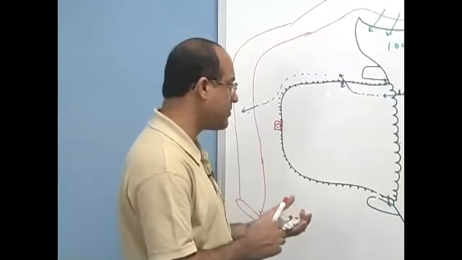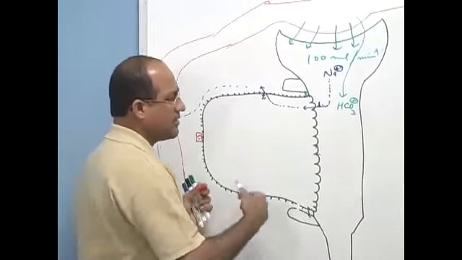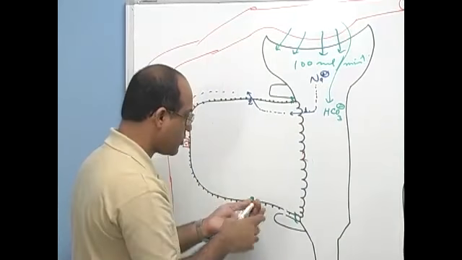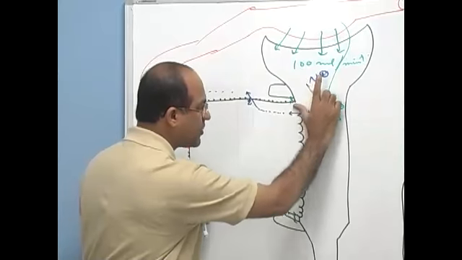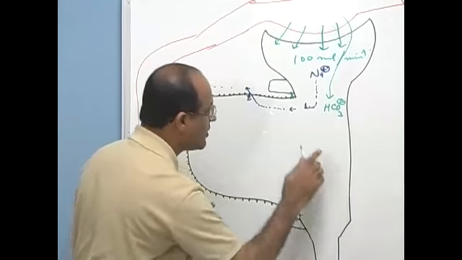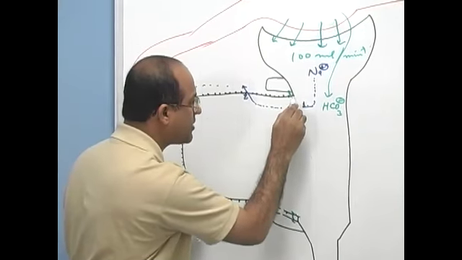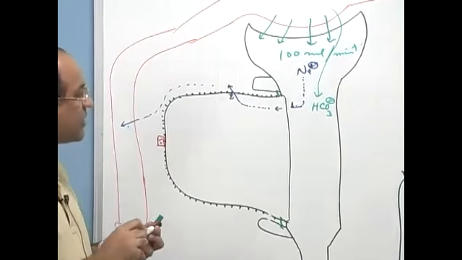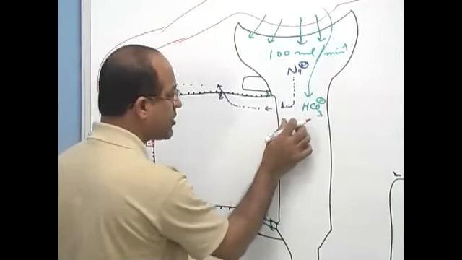Actually, there's a very special type of transporter here, right? On which side? What phase is this one? Luminal phase, right? Let me make it that this is the luminal phase. On the luminal phase, there's a very special type of transporter protein.